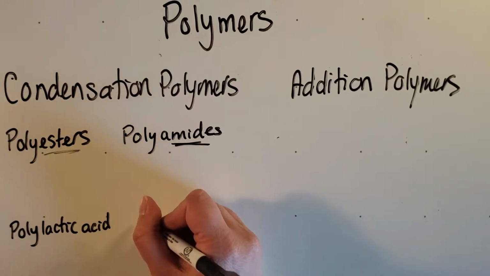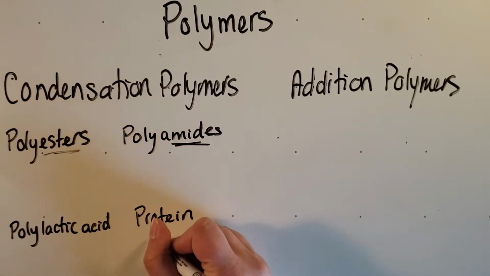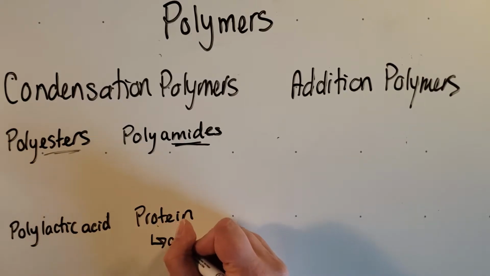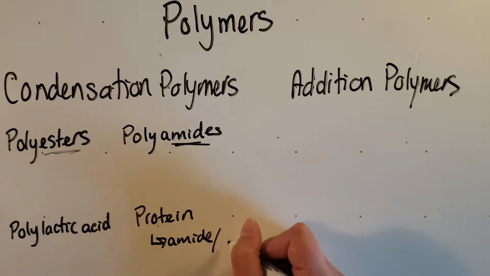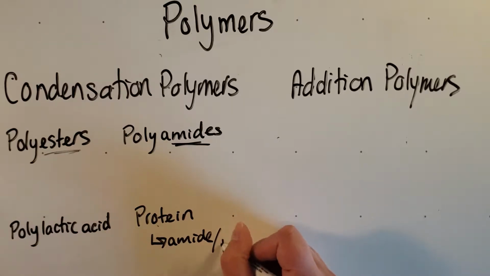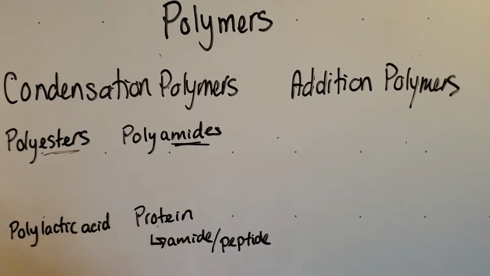And then with polyamides, we do have proteins, which do have those amide links, but often we see them also called peptide bonds or peptide links. Okay, so we could use amide peptide interchangeably because in the end, when we look at the link or the bond, they are the same.